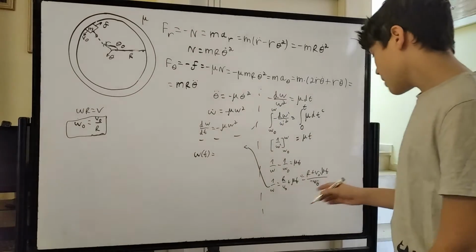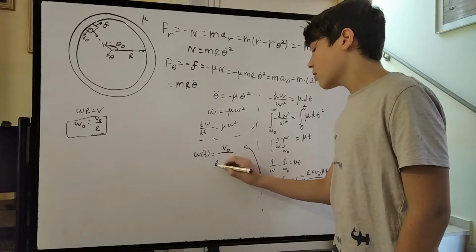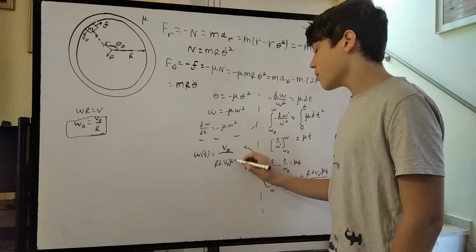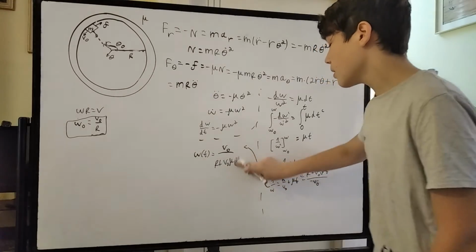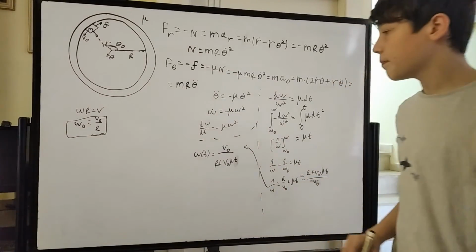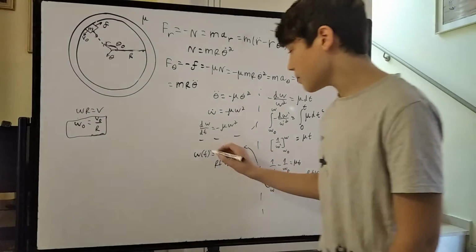And now 1 over this is going to be v0 over r plus v0 mu t. Okay, we found the angular velocity with respect to time.